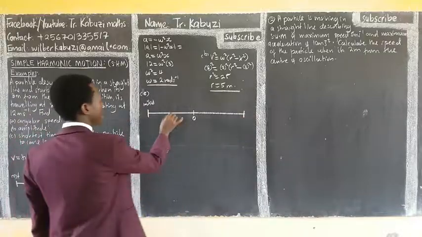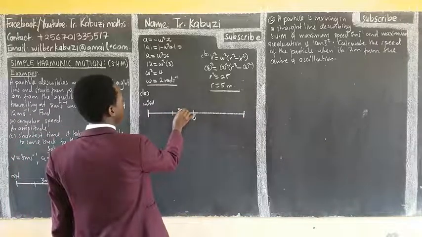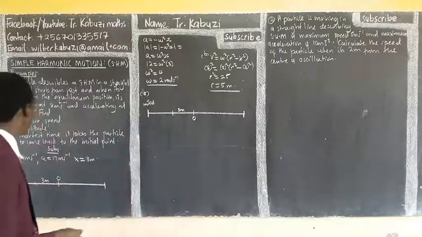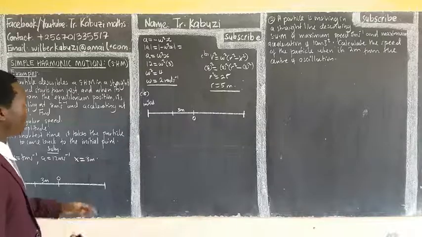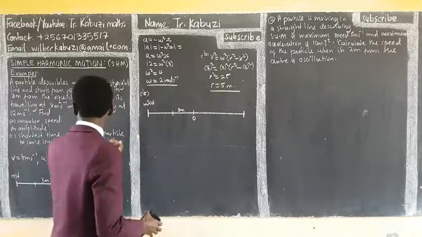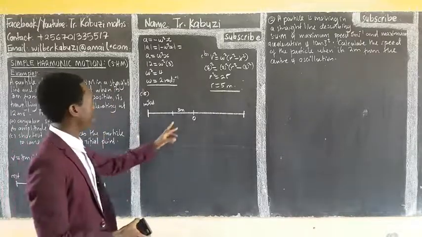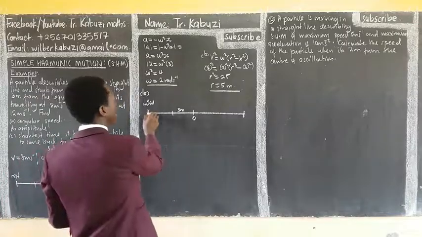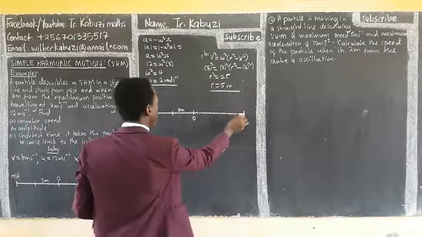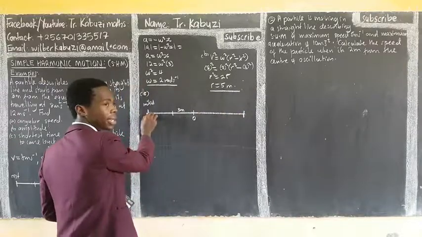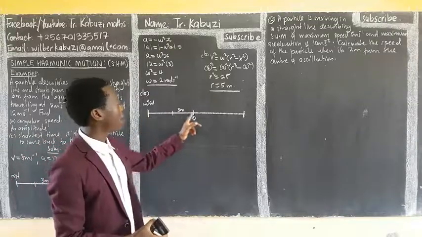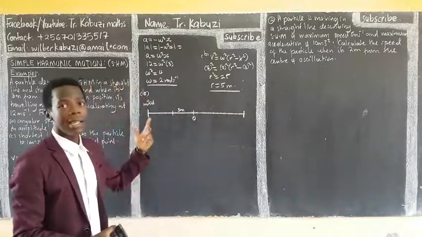Now, from here, there are 3 meters from that side. So what is the distance there? What do you think the distance is? So we can maybe get this distance, and then we need the time it takes from now. A complete cycle is when you come here, you go, you come back, then you come back here. So that's what we call a complete cycle. And the time taken to complete from here up to here is the period.